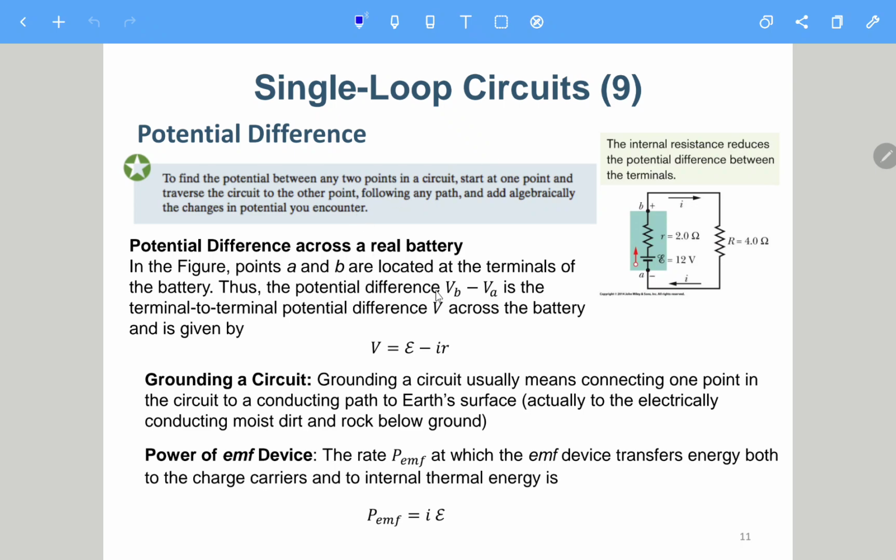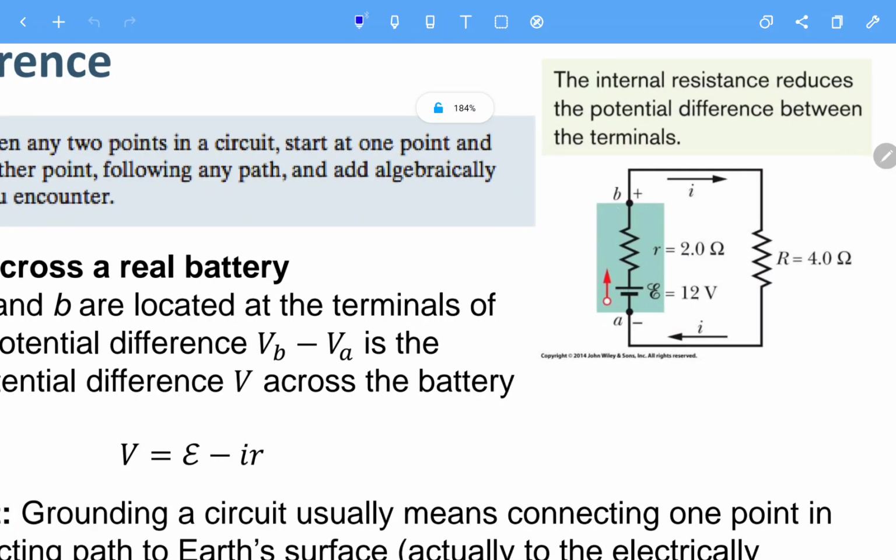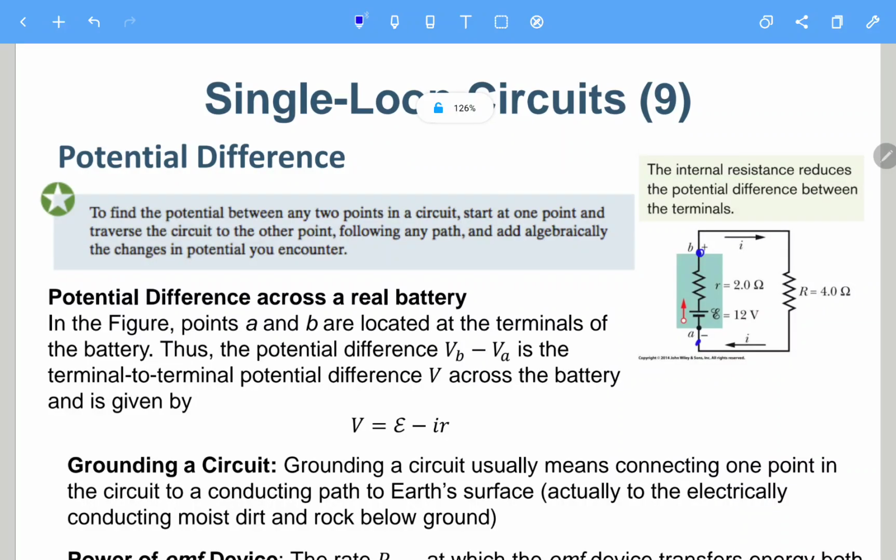So here the potential difference means you can just pick two points. For example, if you pick B and A, you can also calculate the electric potential between node B and node A. Here we consider the potential difference VB minus VA, like VBA.